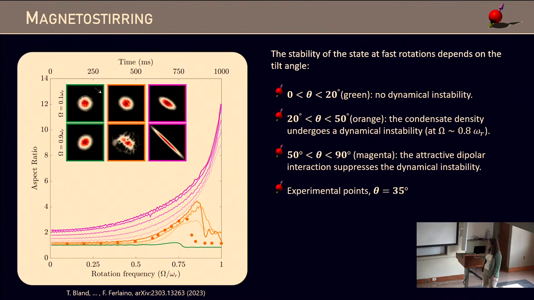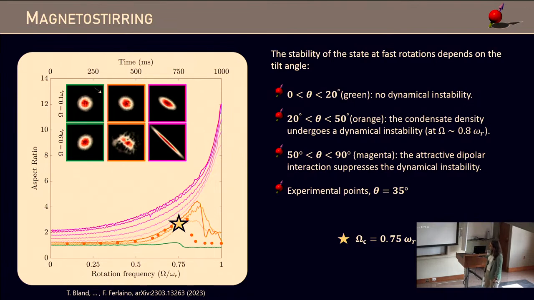Here you can see some experimental points obtained for this specific value of the angle, which is the one that we used for the next results that I will show. In order to optimize the time for vortex nucleation in the experiment, we decided to rotate the system at a frequency close to the value of the dynamical instability.